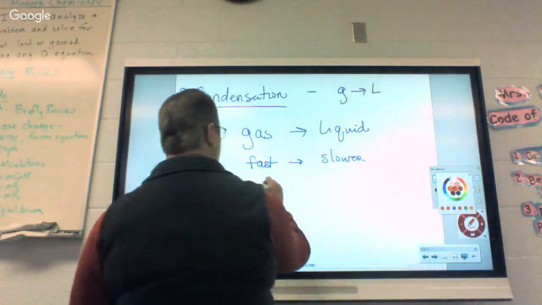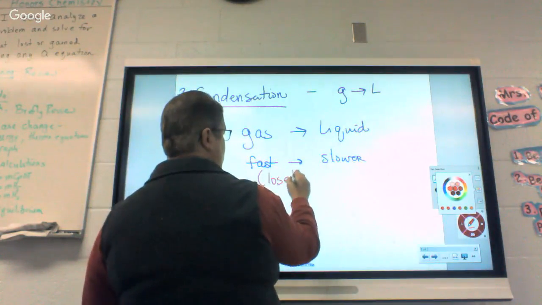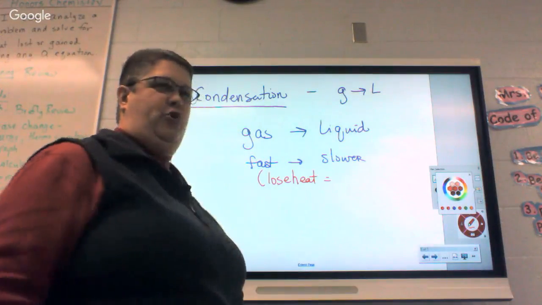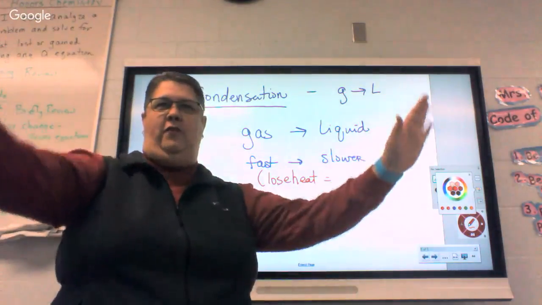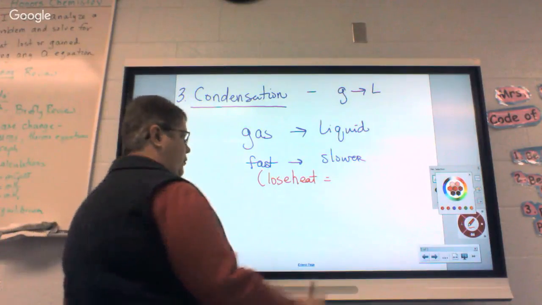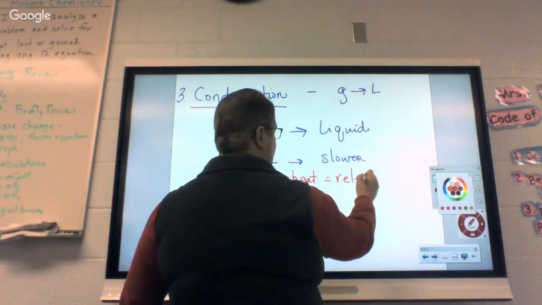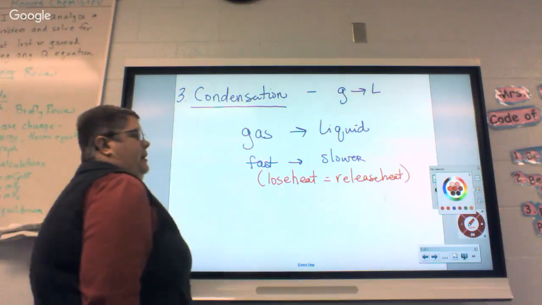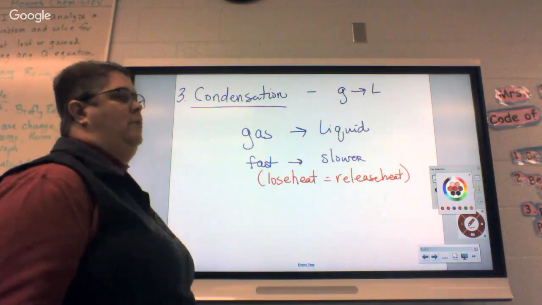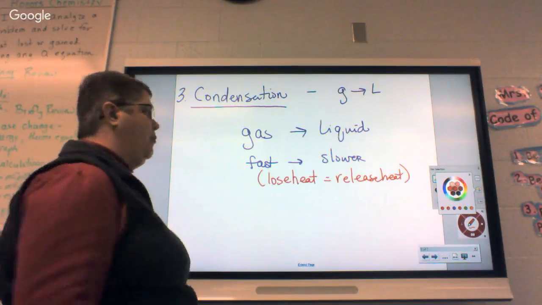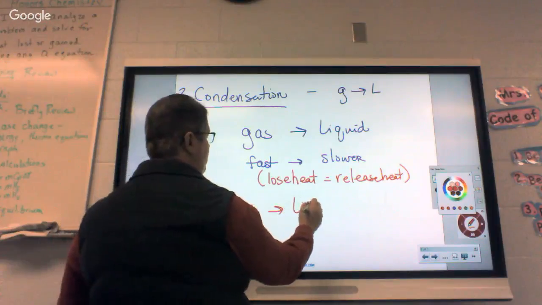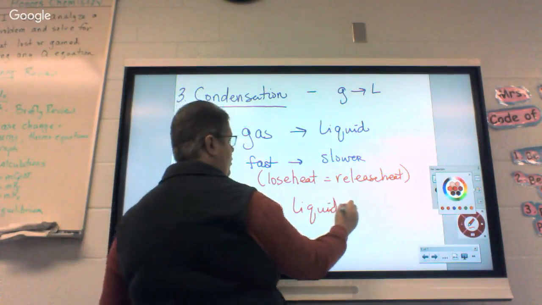So if they have to lose heat, what does that mean they need to do? Do they need to absorb it, or do they need to give it off and release it? They need to release it. So if they need to release heat, it needs to be where? Needs to be a product. You've got gas goes to liquid plus heat.